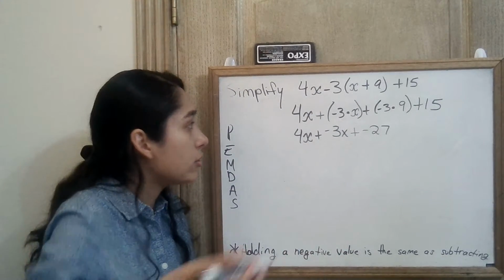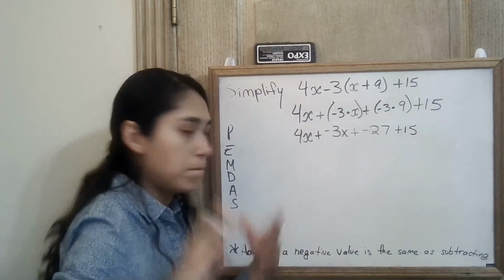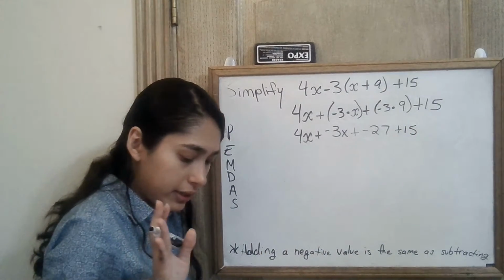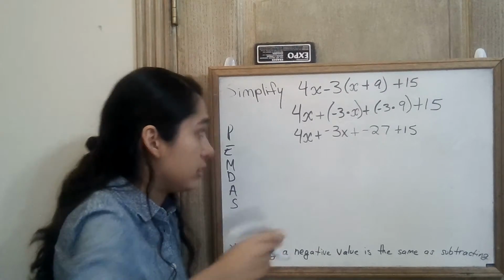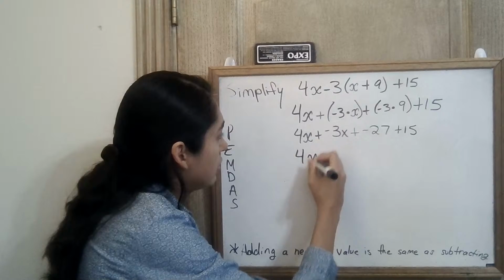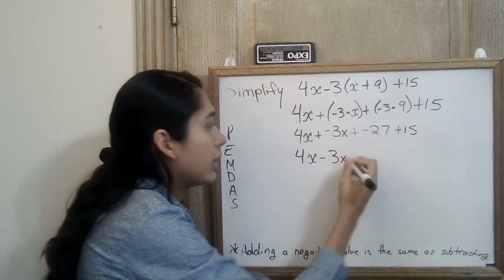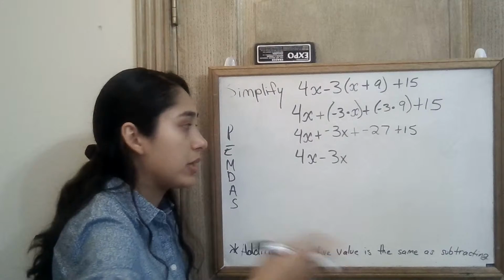All right, so let me drop the 15 over here. I can already simplify the funny business, because adding a negative number is the same thing as subtracting.